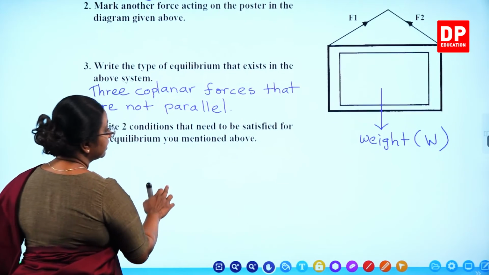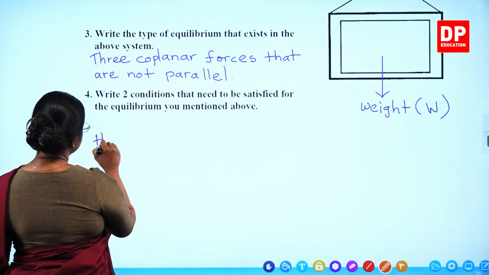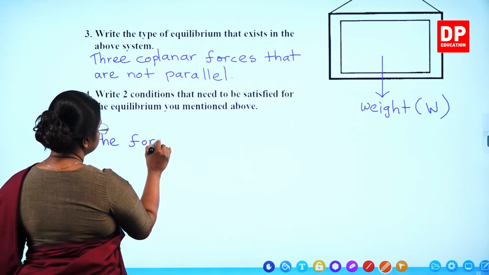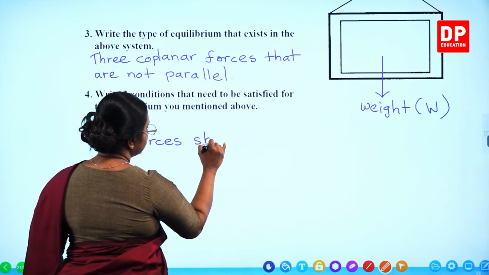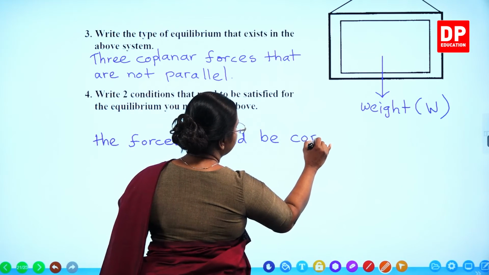So, if we write the conditions, the forces should be coplanar.